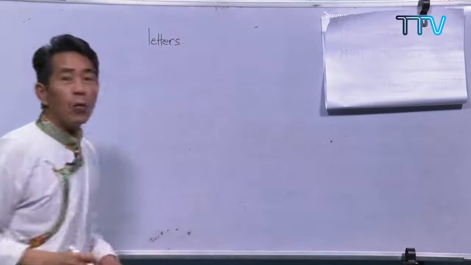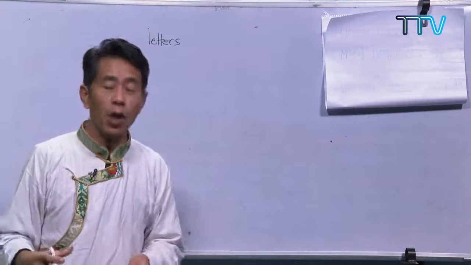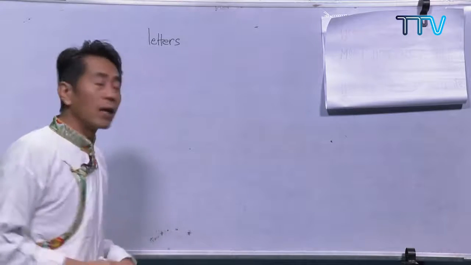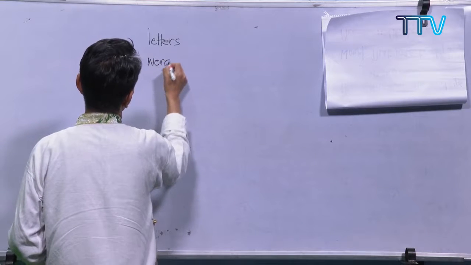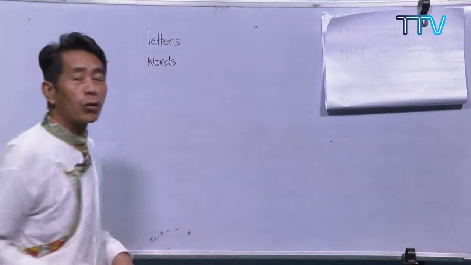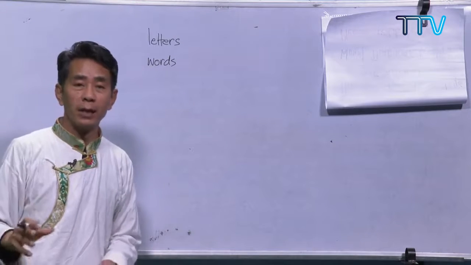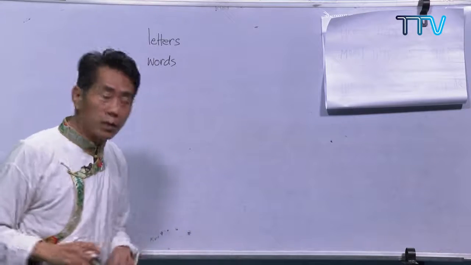This is where we first begin a language. There are different types of letters; we learn the alphabet. And then a group of letters. What do you call a group of letters? It's called a word. If we combine lots and lots of letters, we get words.